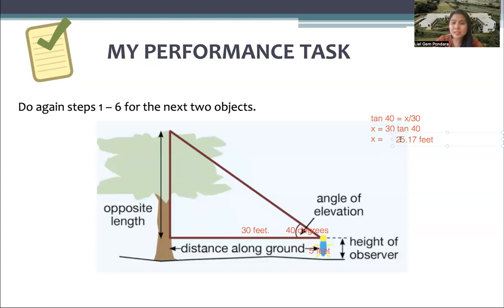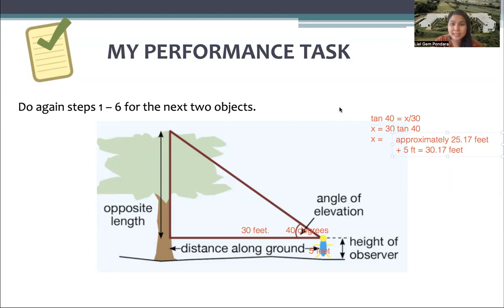You say approximately 25.17 feet. That is the height of the tree. Not yet, not yet. You then add plus your height, 5 feet. So the total height of the tree is 30.17 feet. That's it.